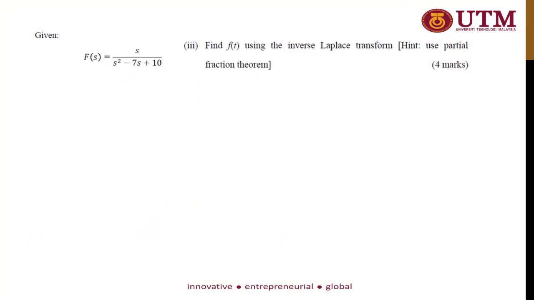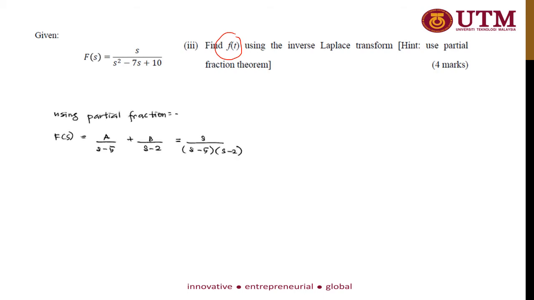Okay, question 2, part 3. Find the inverse Laplace transform of F(s). You need to find f(t) by using the inverse Laplace transform. Usually in this kind of question, you need to use partial fraction expansion to find the inverse Laplace transform. This part you can divide into components, s minus 5 and s minus 2.